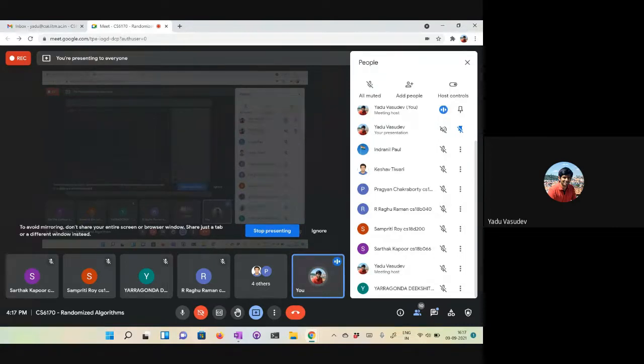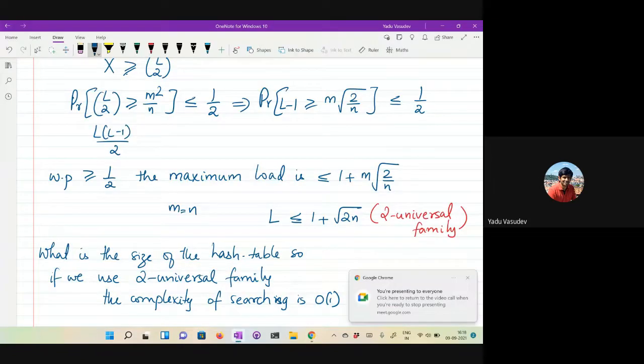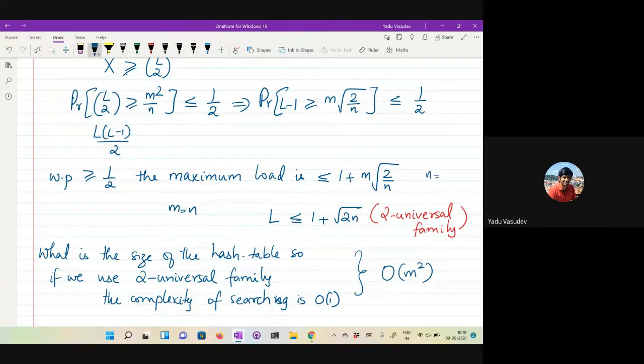So can someone tell me what should be the size of the hash table? M squared, right? So the size of the hash table should be order M squared. It just follows from this: if you substitute n to be M squared, then this is just constant.